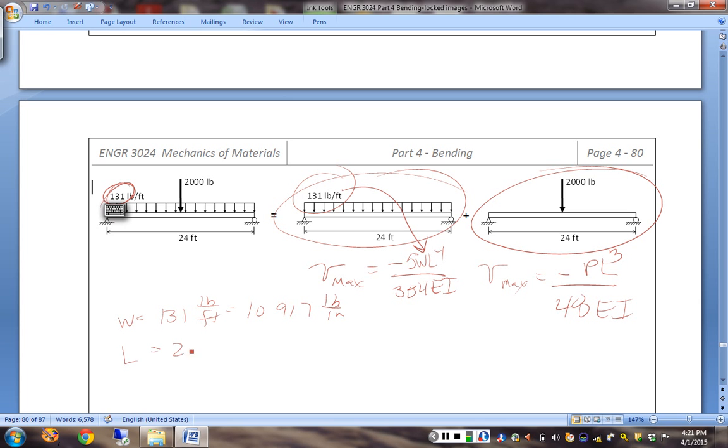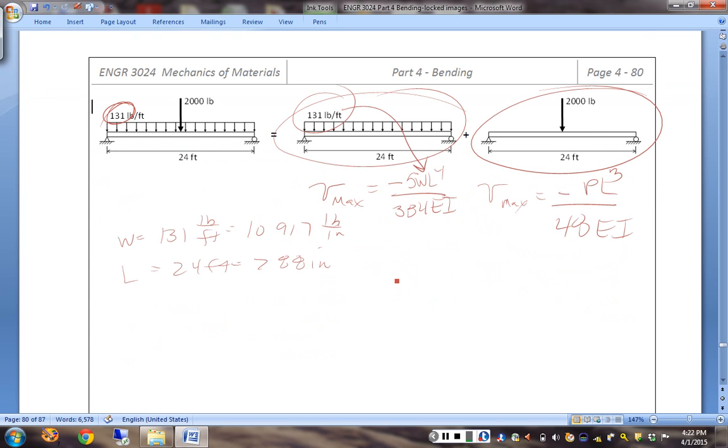The length is 24 feet, otherwise known as 288 inches. Bending stiffness is 29 million psi times 110 inches to the 4th, which is 3.19 E9 pound inch squared.